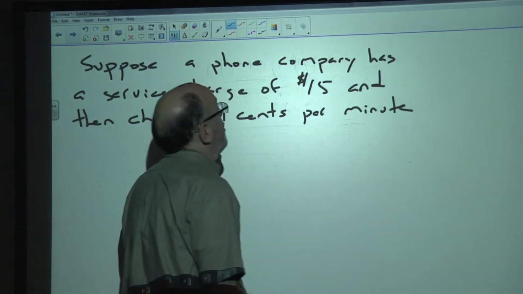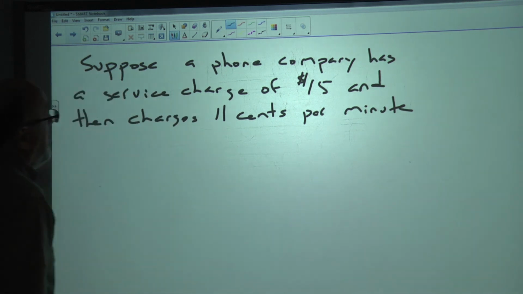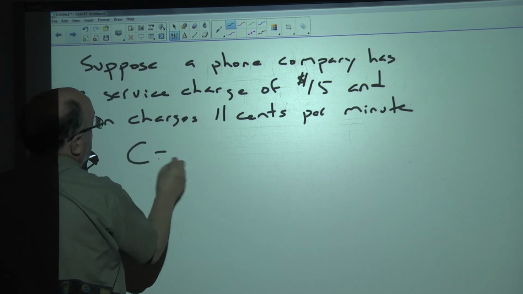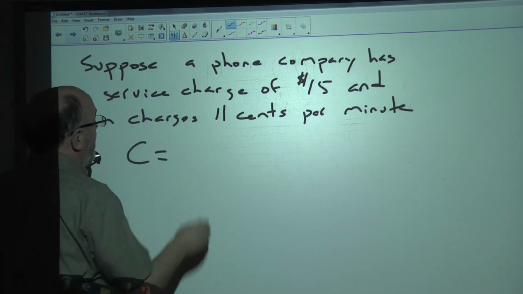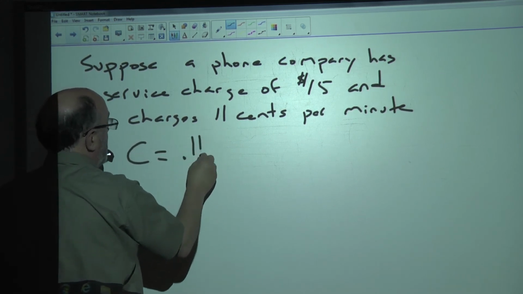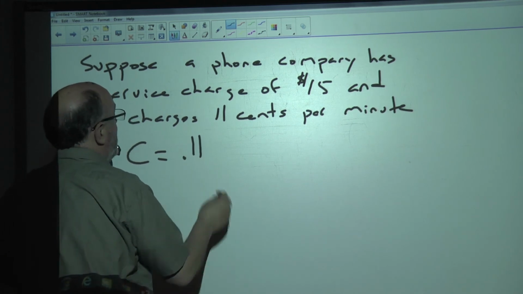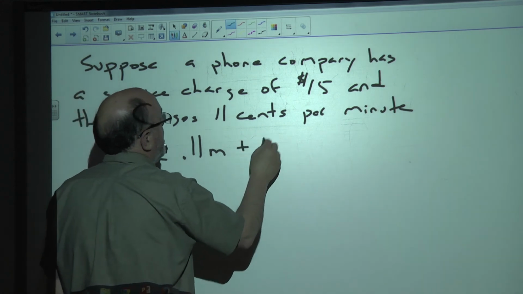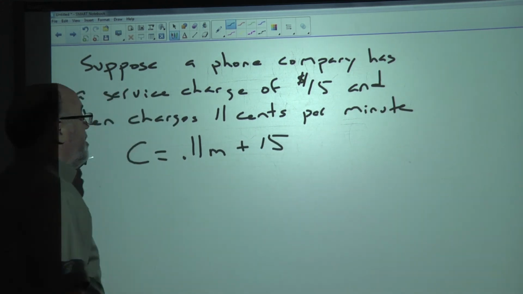And I want to know what would be the equation that goes with this. The charge is 11 cents per minute, so that would be 0.11. Per minute, so let's use M for minutes, and then plus the $15.